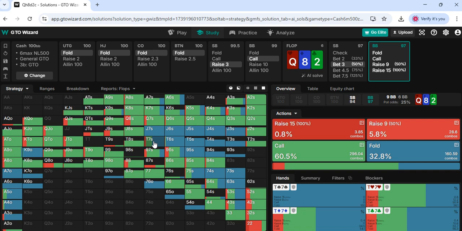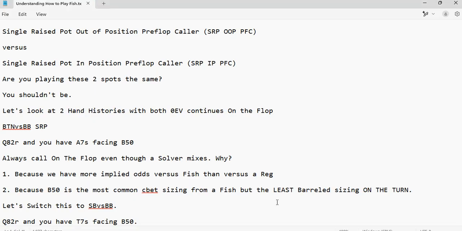Well, we have to understand how fish think. We have to realize that fish do not play like regs. What is the fundamental difference between a fish and a reg? Regs understand position. Fish do not understand position. What does that mean? How does that manifest itself in this spot?